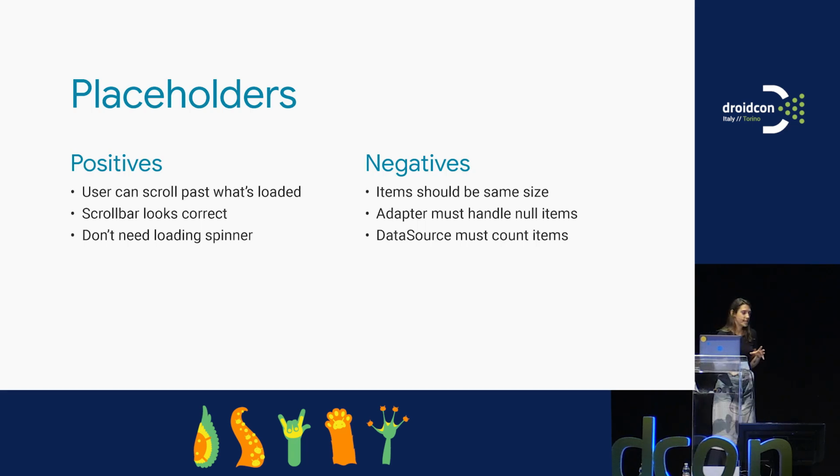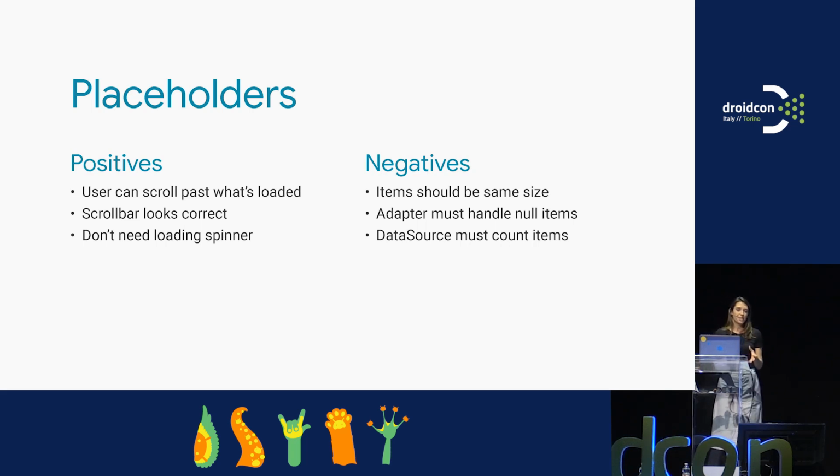The negatives are that the items should be the same size, because if the items are different sizes, for example, in a social feed, then you'll end up with maybe strange animations when, from the placeholders, the item needs to get smaller or bigger, and it won't look right. Also, you need to implement handling of null items in your adapter.